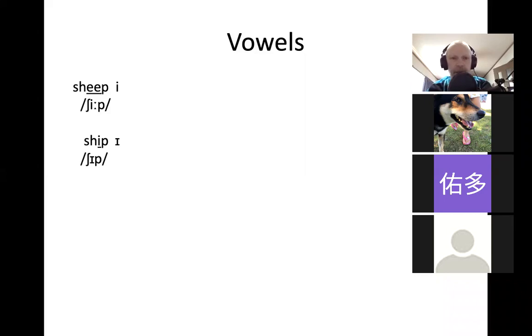Sheep and ship. So you notice that's a different way of doing it. The sheep is like an ordinary small i, and the ship is like a capital I, only written as a small letter. So that's the difference there. Cambridge Advanced Learners Dictionary does that. There's different ways of doing it, but we're going to follow the Cambridge Advanced Learners Dictionary. Hate, A is like that.